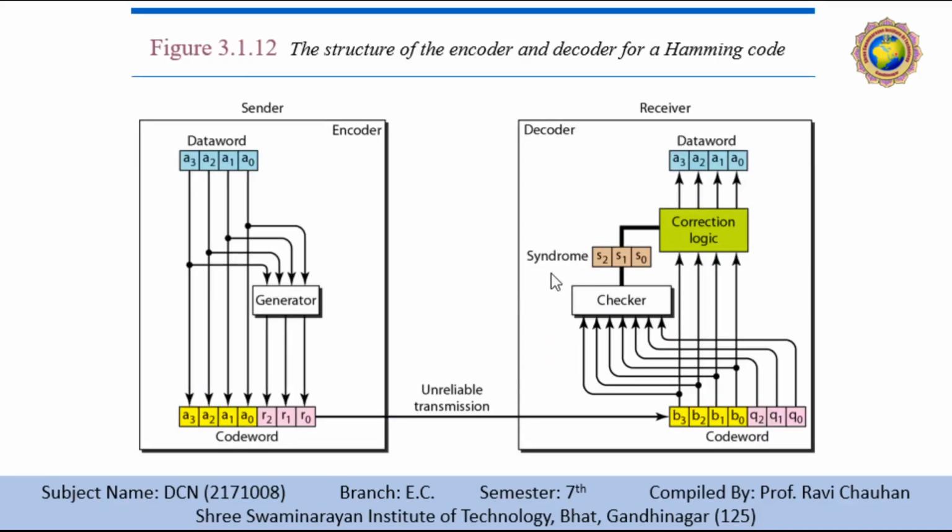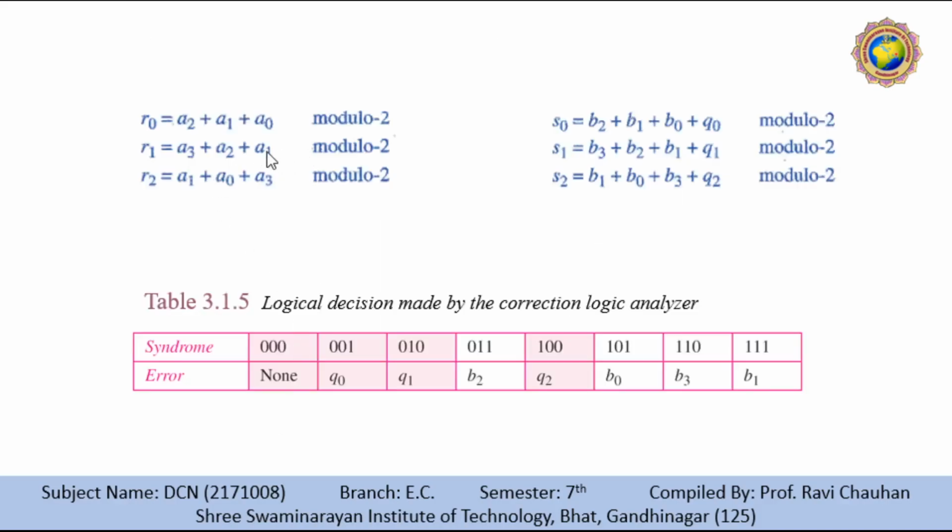Our figure shows the structure of the encoder and decoder for this example. A copy of the 4-bit data word is fed into the generator that creates 3 parity checks R0, R1 and R2, which are calculated modulo 2.